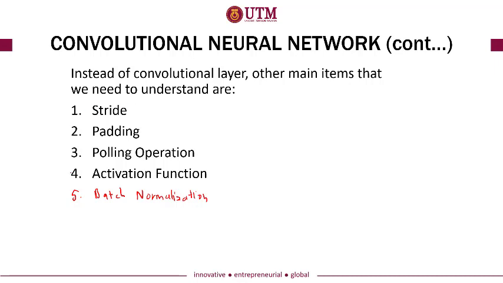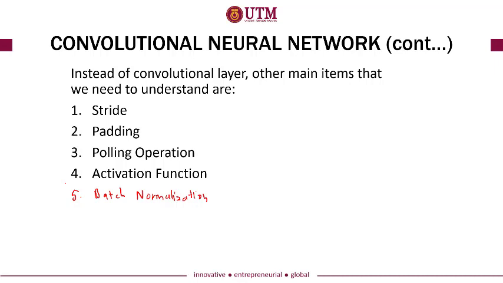Among these 5 items, some are also involved in the convolutional layer. Previously I said that the convolutional layer consists of 2 operations: one is the convolutional operation, another is the activation function. In order to produce feature maps or activation maps, in other words the matrix of O, you first apply the convolution.